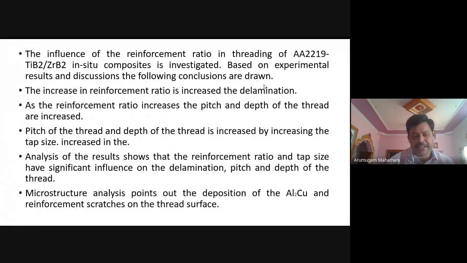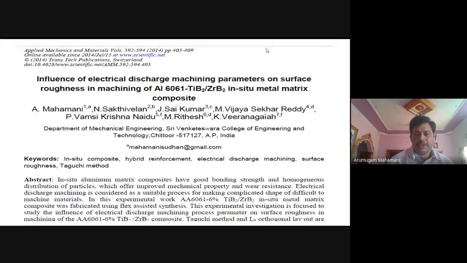You may read these conclusions from my paper directly. We also did some studies on unconventional machining, though this is not an impact factor journal. One important thing I want to share is that I engaged some students here. Except for one, all of them are doing higher studies.